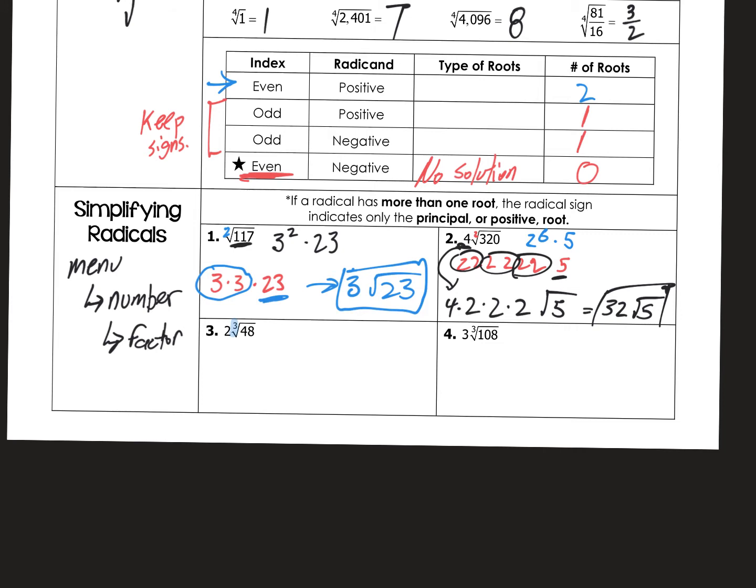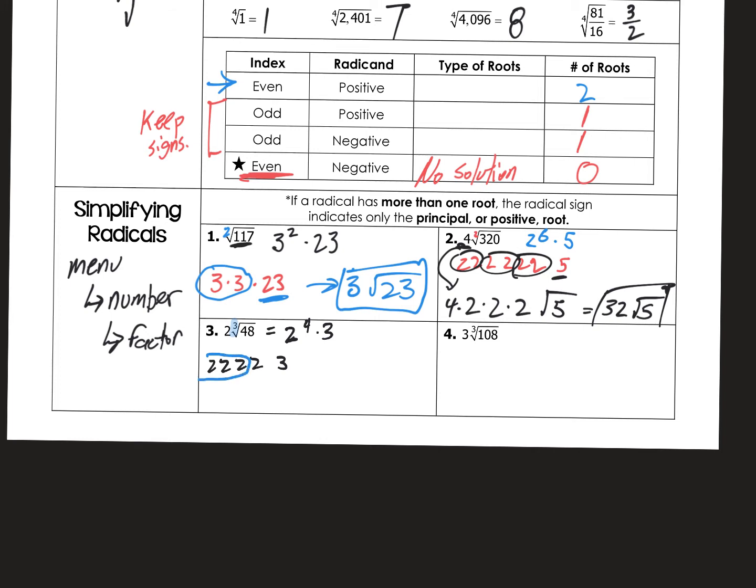And let's see what we get as we do this, right? So with 48, menu number factor, and you're going to get 2 to the 4th power times 3, which means we've got 2, 2, 2, 2, 3. And I can take out 3 of a kind now, 3 at a time.